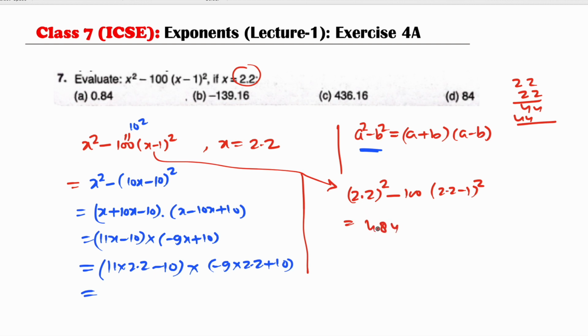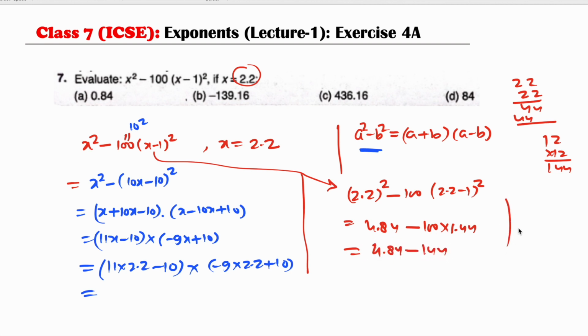Apply the decimal after 2 places because this is multiplied twice. So this is 4.84. This is 100 into 1.2. So this multiplied, 12 into 12, that is 144. So this is into 1.44. This is the easier method. So this becomes 4.84 minus 144.